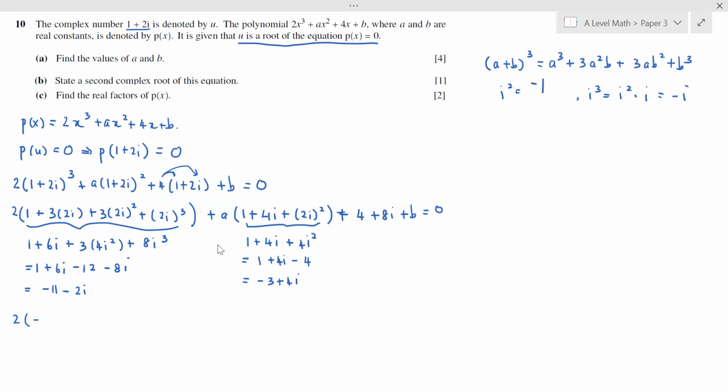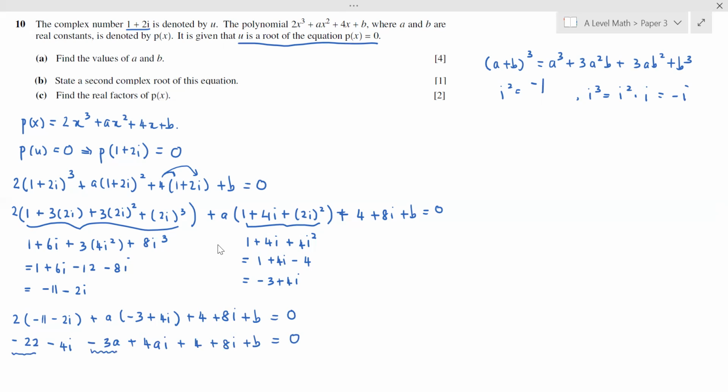We have 2 times (negative 11 minus 2i) plus a times (negative 3 plus 4i) plus 4 plus 8i plus b equals 0. Now further expanding, we have negative 22 minus 4i minus 3a plus 4ai plus 4 plus 8i plus b equals 0.